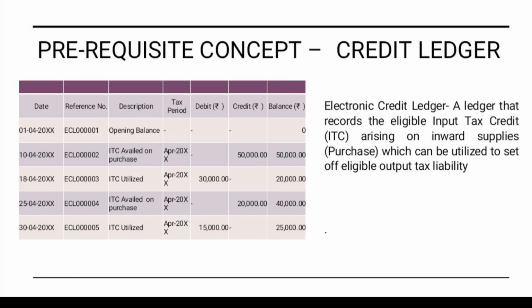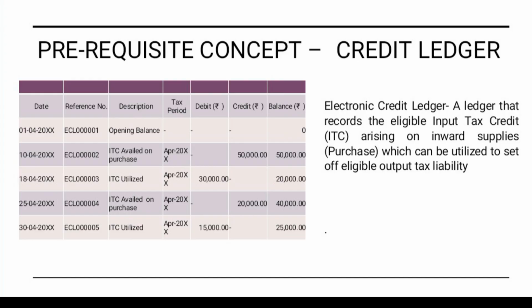Suppose I am a retailer, I purchase goods from a wholesaler. The price is 1000, tax rate is 18%. I pay him 1000 plus 18%, 180, and the wholesaler will discharge the liability, what he takes from me, to the government.